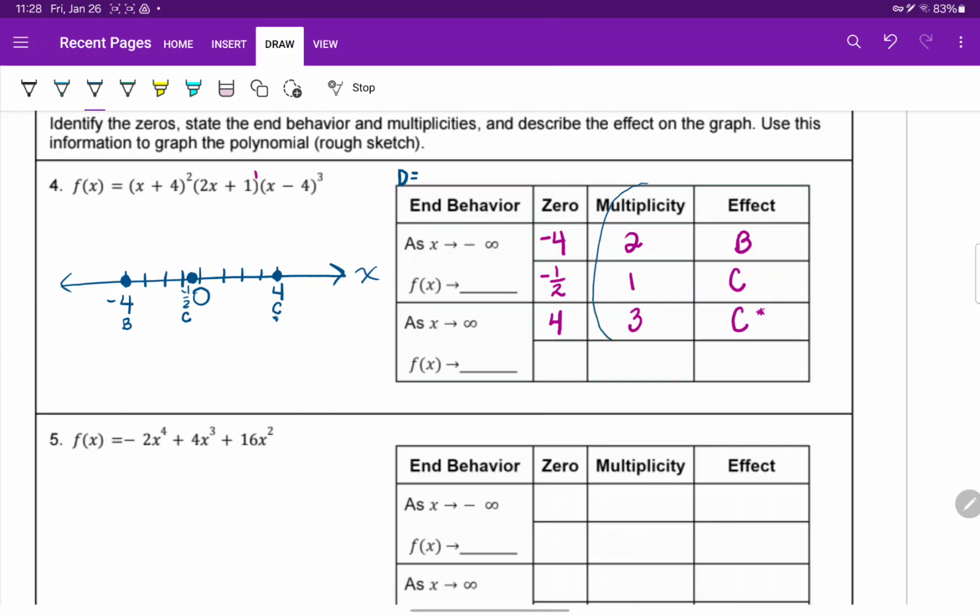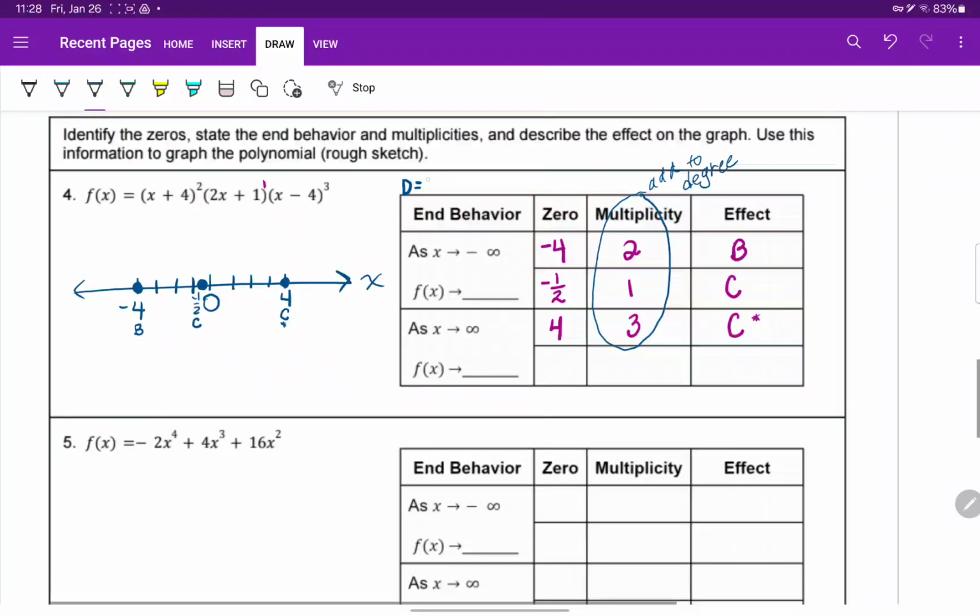Your multiplicities add up to your degree. So in this case, 1, 2, 3, 4, 5, 6, the degree of this polynomial is 6, which is even. So it's either going to point up on left and right, or down on left and right.